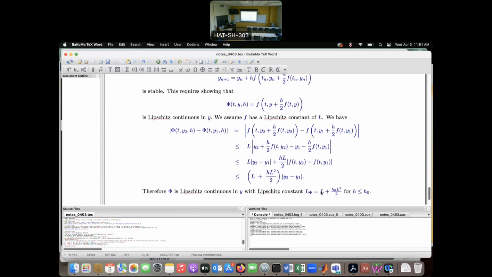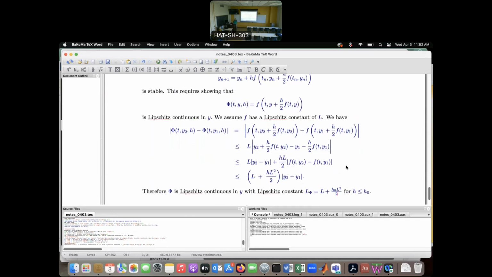As long as it can be bounded as h goes to 0, because that's what we care about. We want to see what happens as h goes to 0. So if I assume that h is less than or equal to some value h naught, this Lipschitz constant applies for all h down to 0.